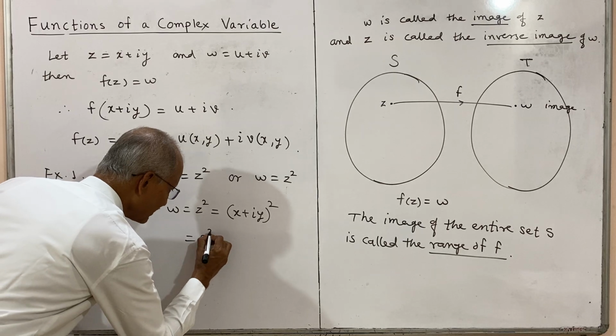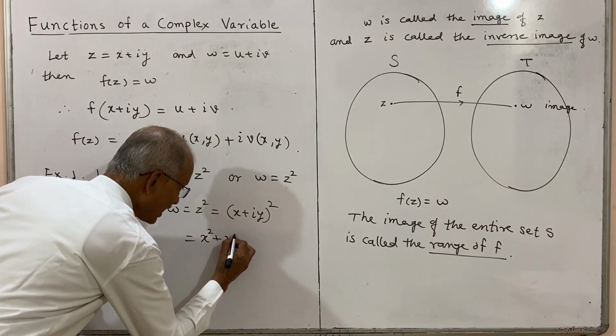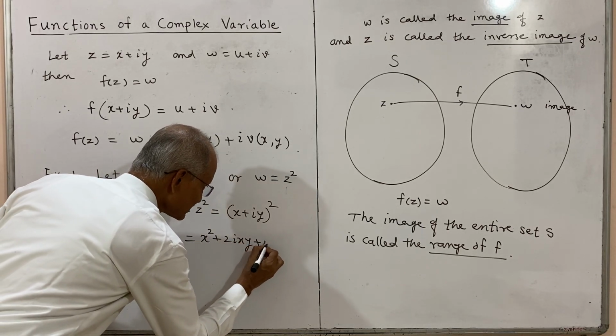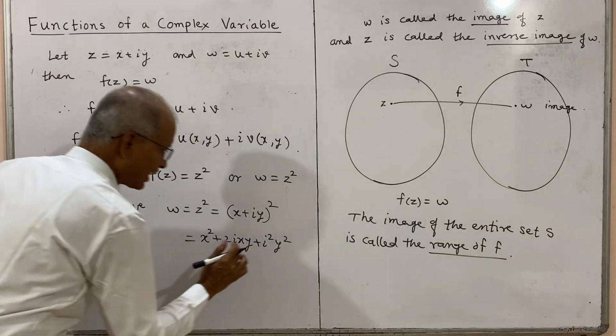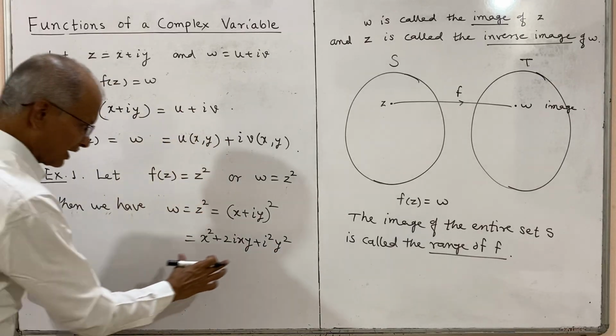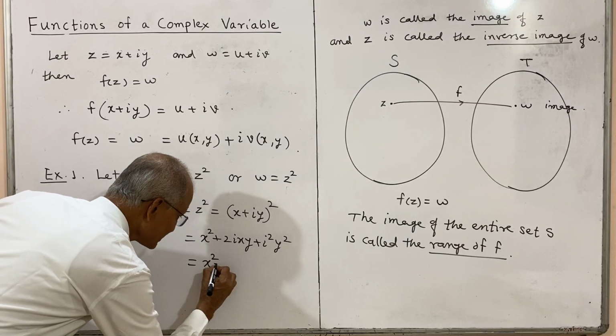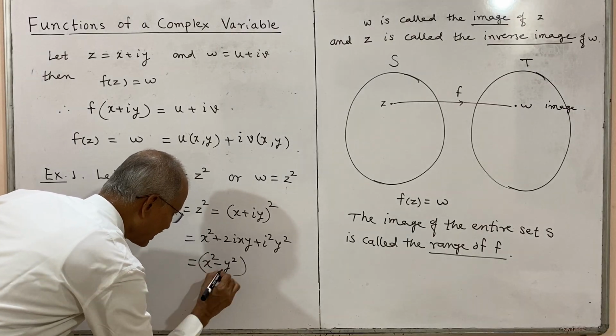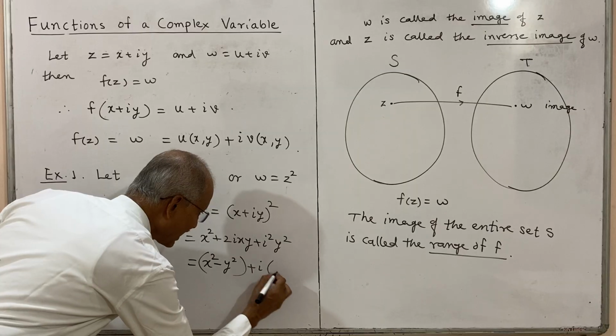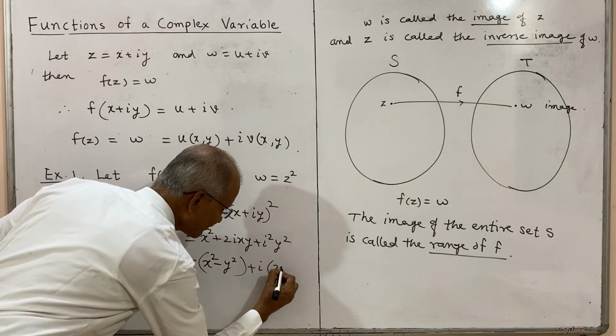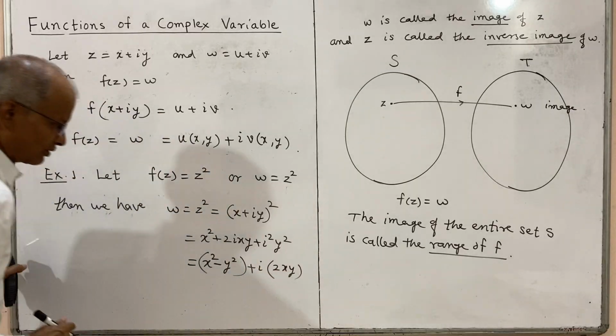expanded as x square plus 2ixy plus i square y square, but i square is minus 1, and therefore we can write this as x square minus y square, and this will be the real part, and plus i, if you take i common, then in bracket it will remain 2x into y.